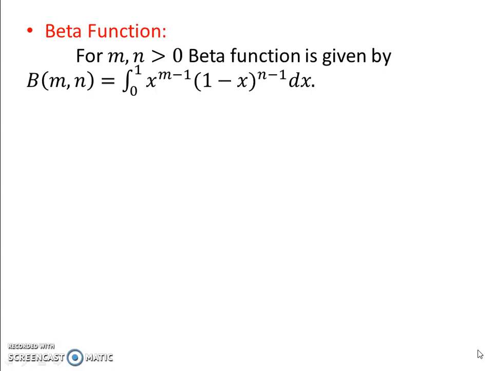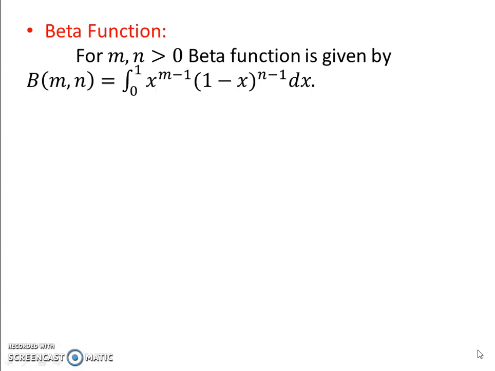Clearly x cube can be written as x raised to 4 minus 1 and 1 minus x raised to 4 can be written as 1 minus x raised to 5 minus 1. Hence, by the definition of beta function, this is given by beta of 4, 5. Later on, with the help of properties, we can evaluate what is beta of 4, 5.